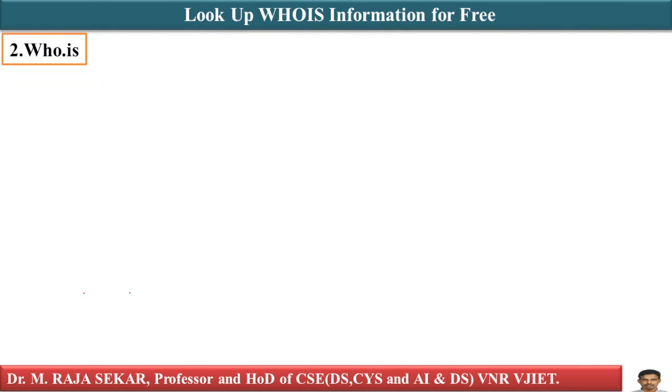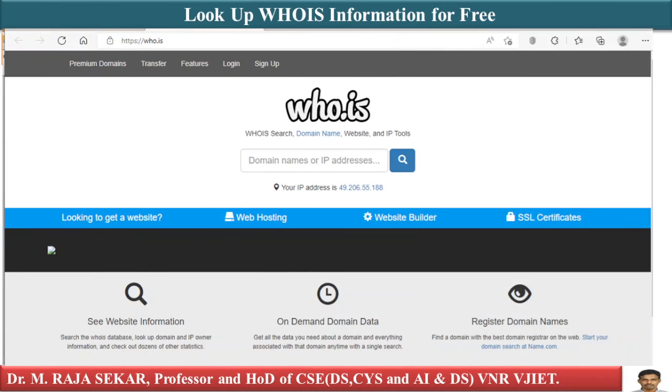Next one is WHOIS. To use WHOIS lookup tool, click on the link above. What is that link? That is WHOIS link. Let me repeat. To use WHOIS lookup tool, click on the link above, enter the domain name in the domain name and IP addresses search bar and click the search button or press the enter key on your keyboard.